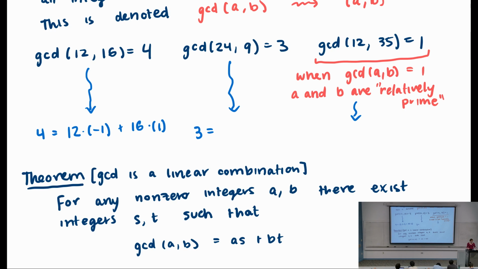Does that check out? Yes, okay, and then what about this last one? Okay, good. So here, these are just some examples of how to write GCD as a linear combination.